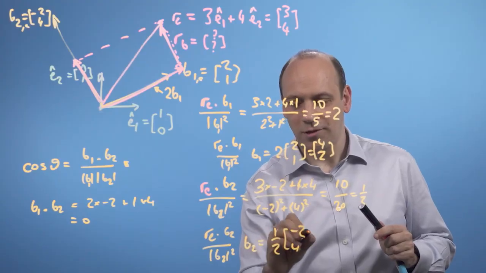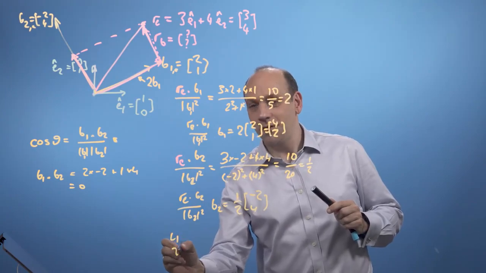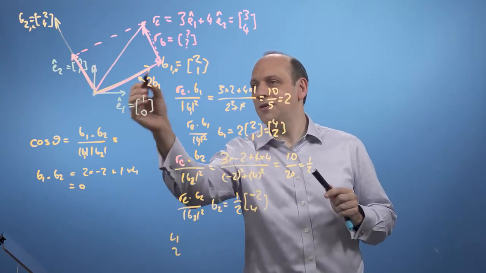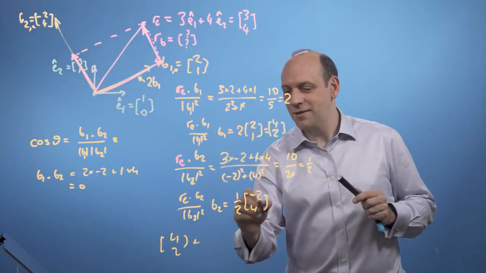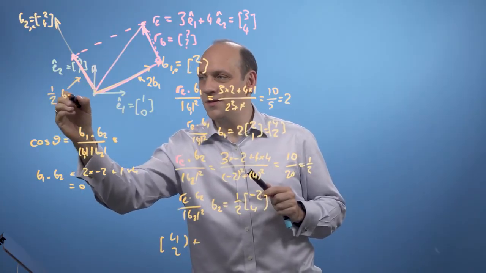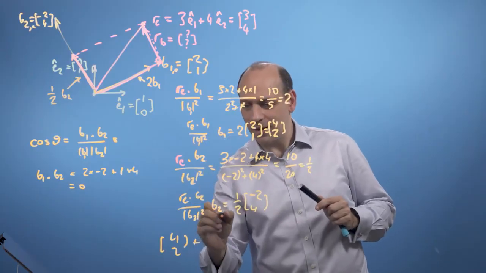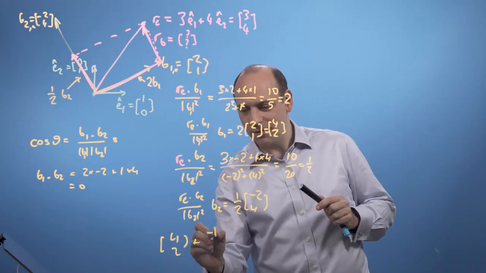Now if I add those two together, 4, 2, this vector projection, plus this vector projection, so this guy is going to be a half B2, which is a half of minus 2, 4, that is minus 1, 2.